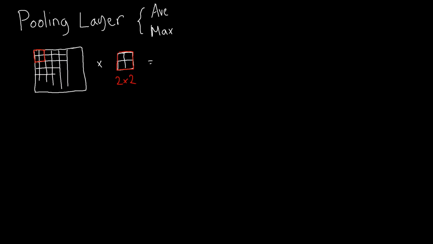If you choose the average layer, we will do the average of this box, and you will output it at the first position in our output matrix. And if you choose the max pooling layer, you would choose the maximum value of this box, and you would output it here. So that's how the pooling layer works.